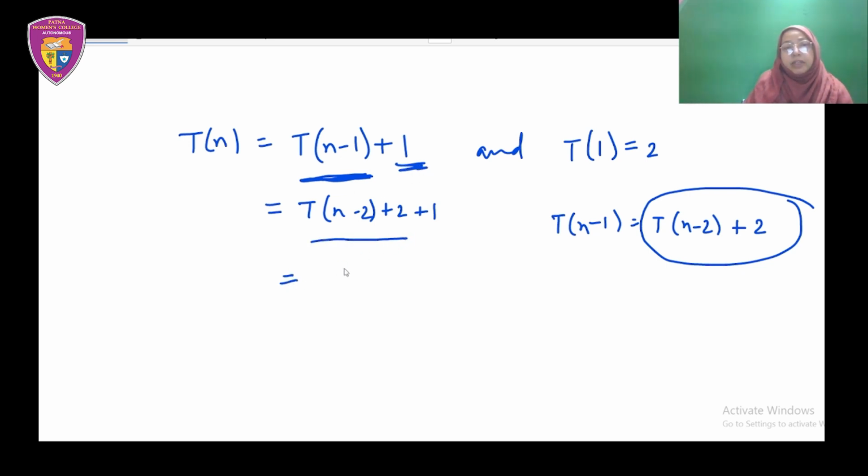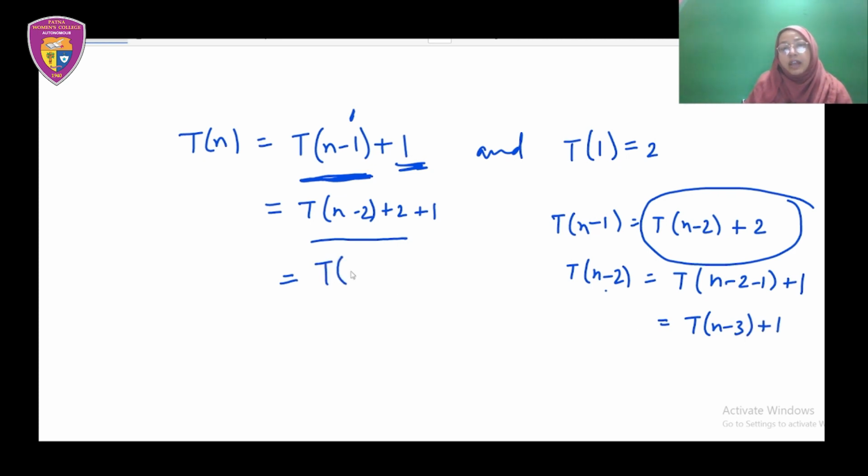Now T of n minus 2: when I put n minus 2 here, it will become n minus 2 minus 1 plus 1. So it will be T of n minus 3 plus 1. So we put here T of n minus 3 plus 1 plus 1 plus 1.